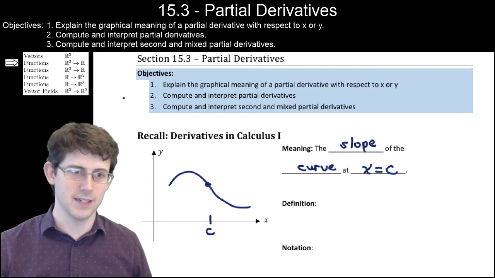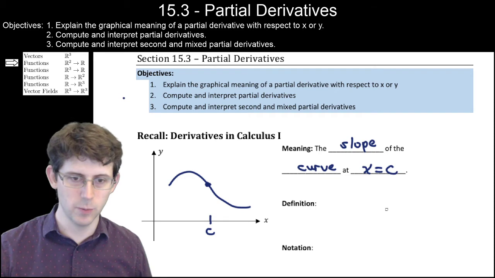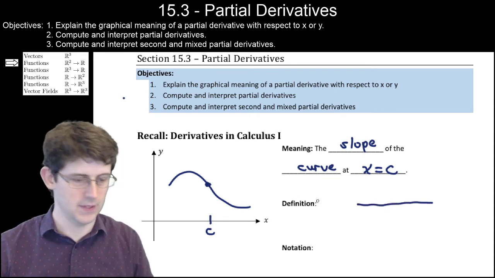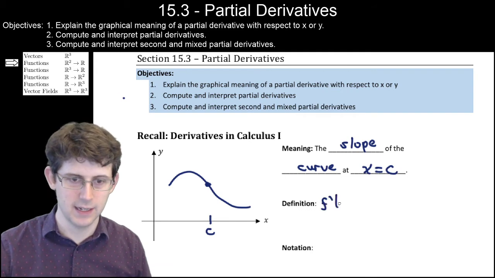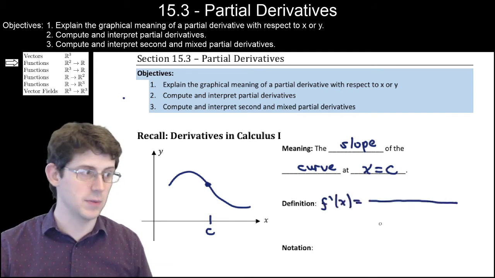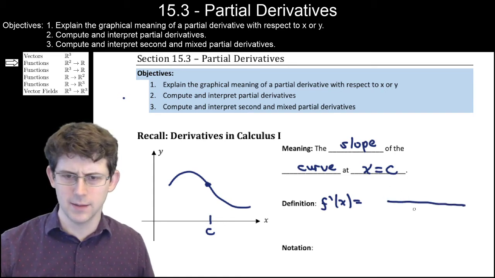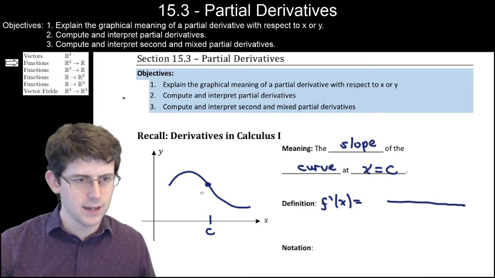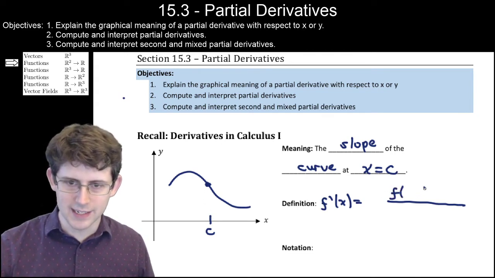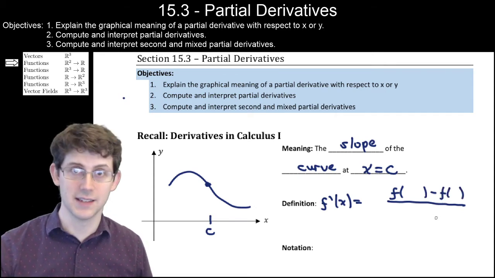To get a definition that worked, we would say, I want to take a slope, so I want f prime of x to be called the derivative. I want the derivative to be a slope, so I'll set up a slope formula, which is rise over run. I need the difference of two y's on top and the difference of the x's in the denominator.